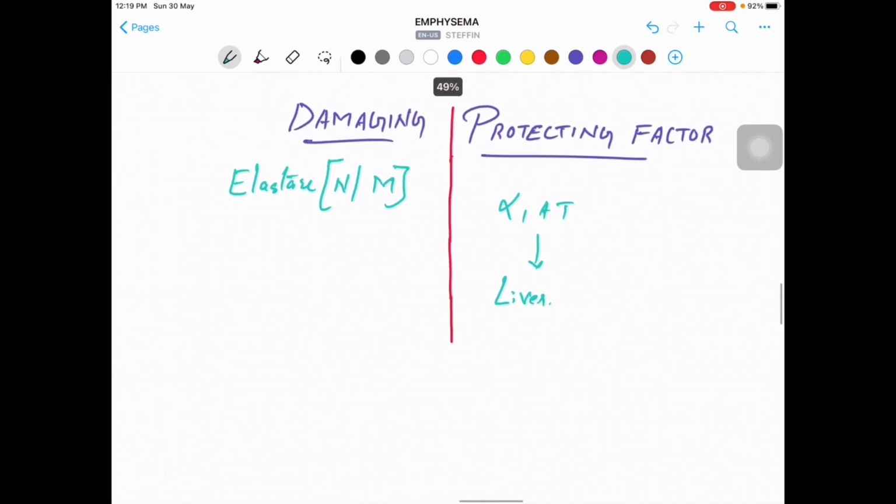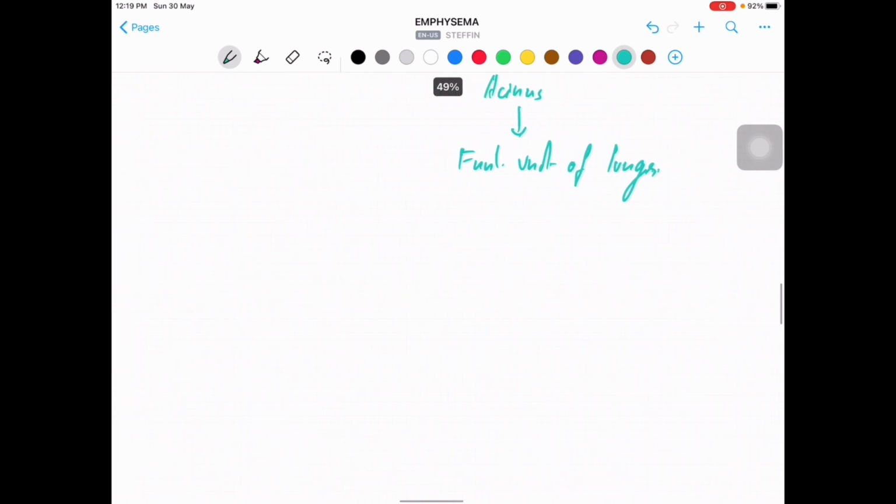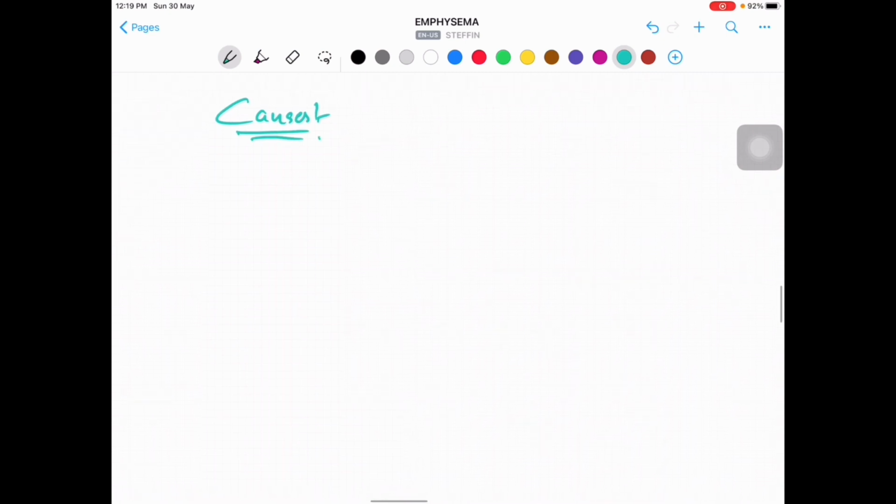So next we can see what are the causes of emphysema. The most common cause is smoking. Secondly, it's due to alpha-1 antitrypsin deficiency.